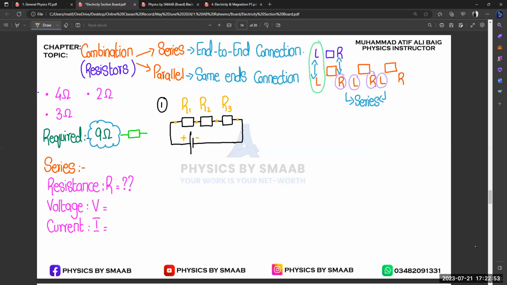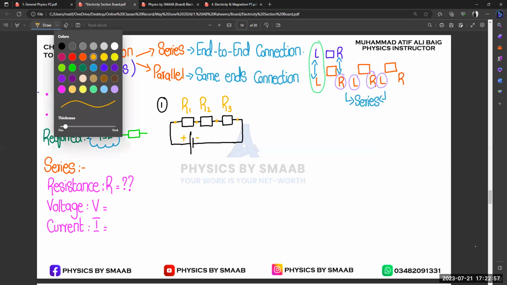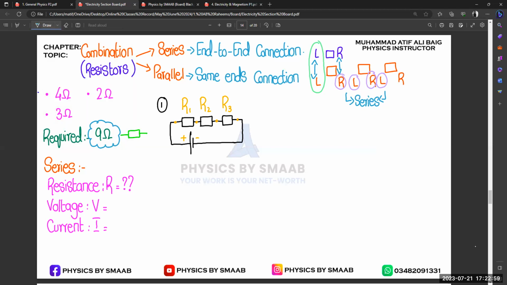When charge starts moving from the positive terminal to the negative terminal, the direction will be from positive to negative, right? Because we studied conventional and non-conventional current, this will follow the conventional current. So what do you think, will voltage remain constant in this situation or electric current?